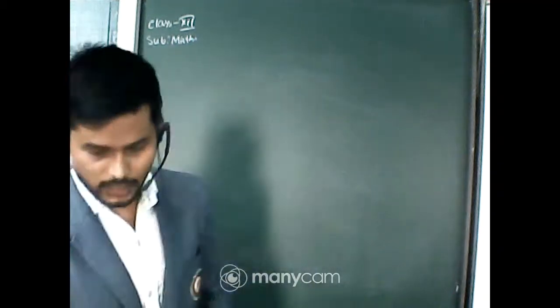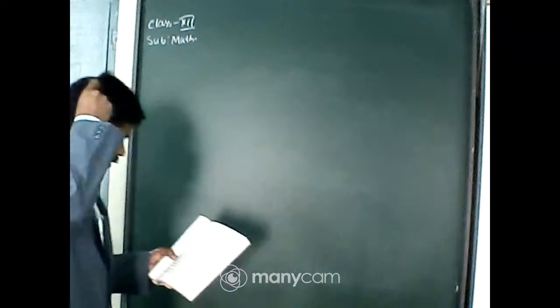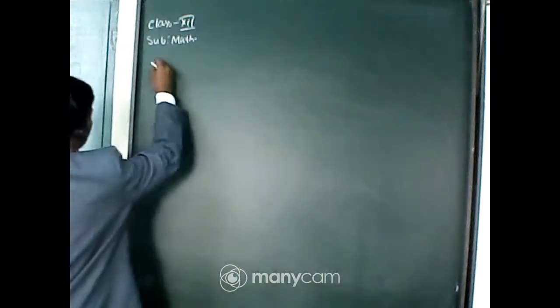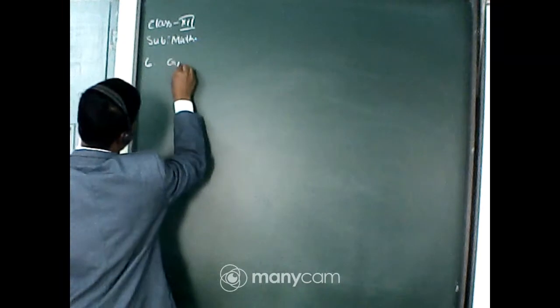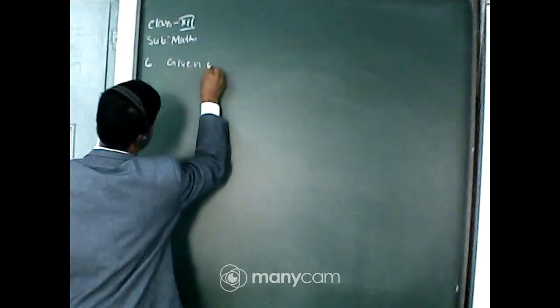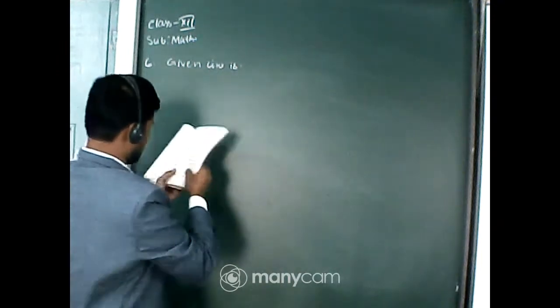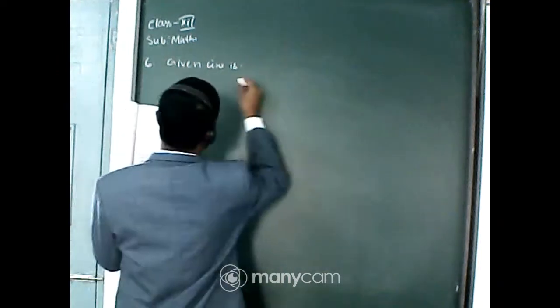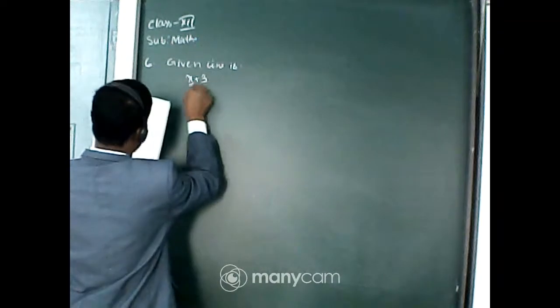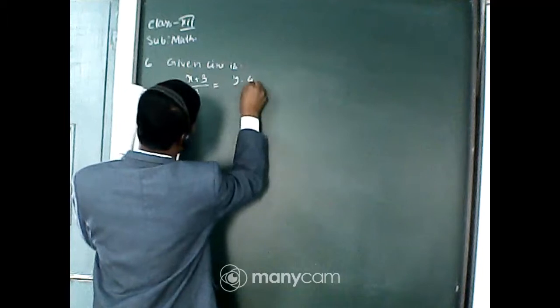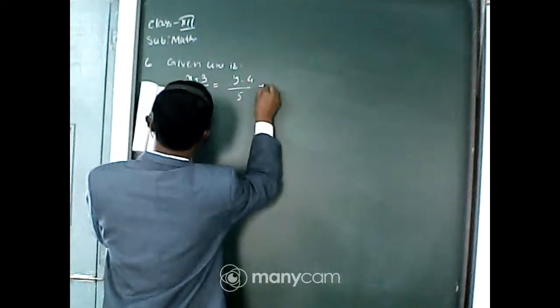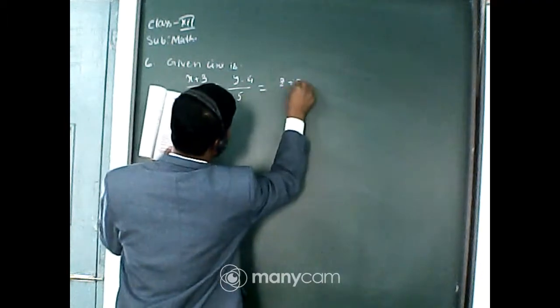Okay, so look, the given line in question number 6 is (x+3)/3 = (y-4)/5 = (z+8)/6.